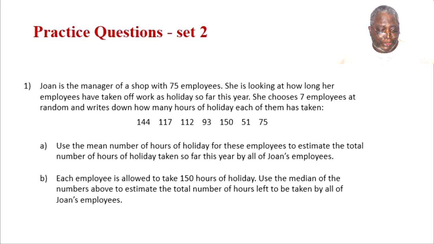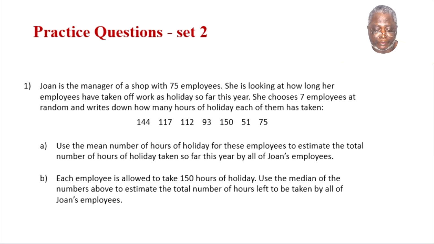So, question A. Use the mean number of hours of holiday for these employees to estimate the total number of hours of holidays taken so far this year by all of Joanne's employees. B. Each employee is allowed to take 150 hours of holiday.